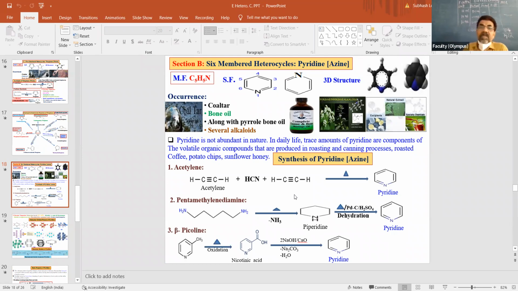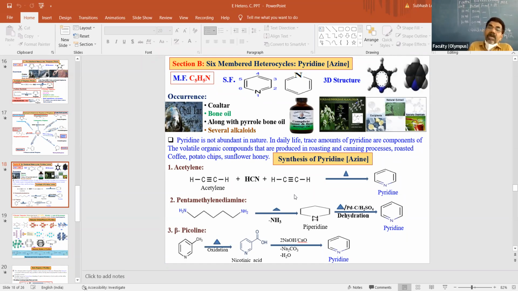Then the third one, beta picoline. Beta picoline has exactly the pyridine structure, only at position 3 we have a CH3 group. So it has another chemical name, 3-methylpyridine. This is called beta picoline.